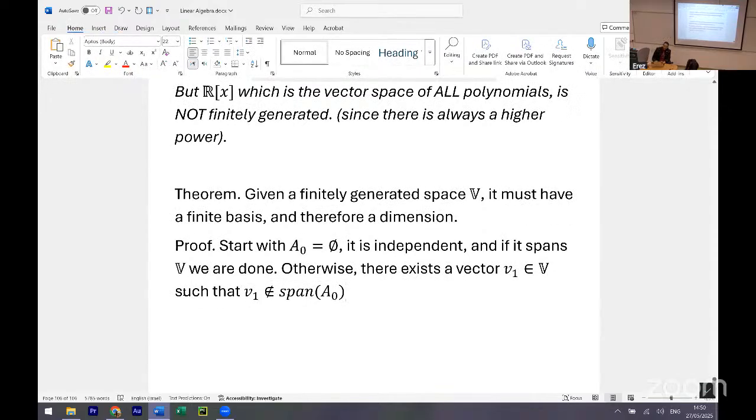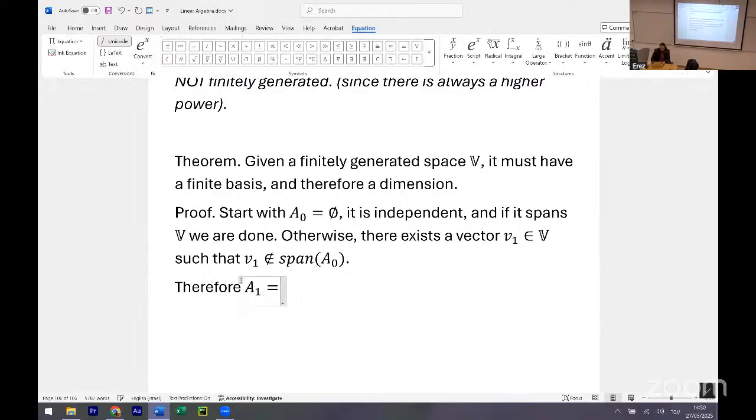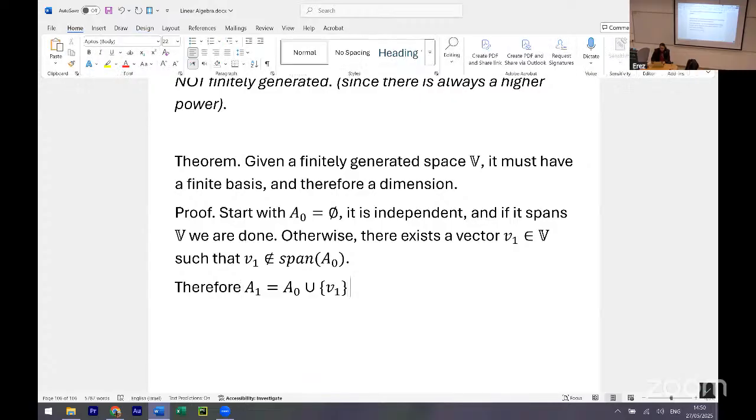In this case, it's just the empty set. Therefore, A1, which is A0 plus V1, is also independent.